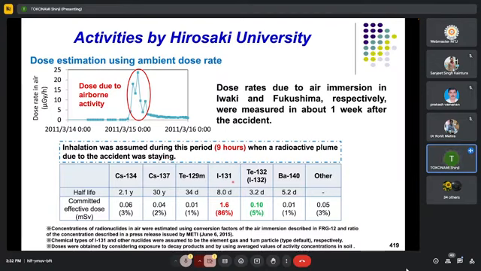Iodine 131 gives 1.6 millisievert as a committed effective dose. Tellurium 132, equivalent to iodine 132, gave 0.1 millisievert. The most contributable fraction is coming from iodine 131.